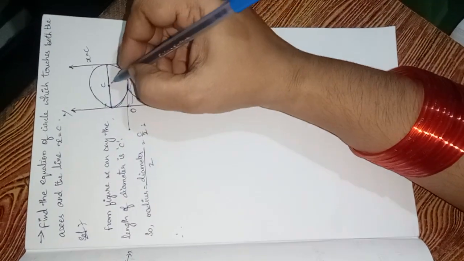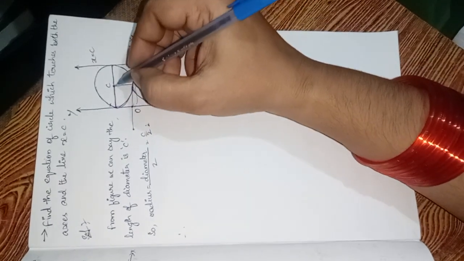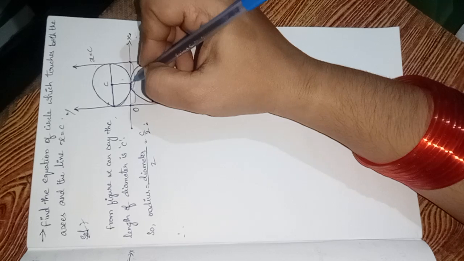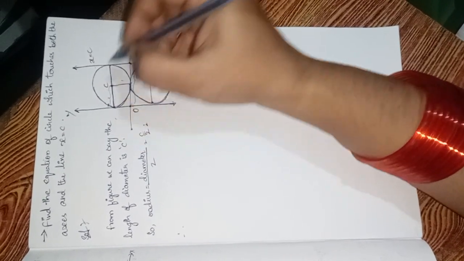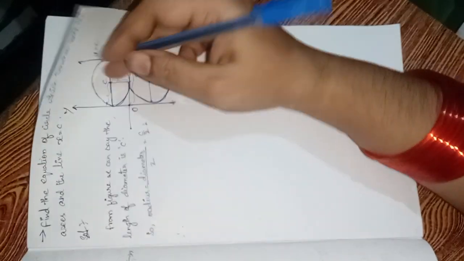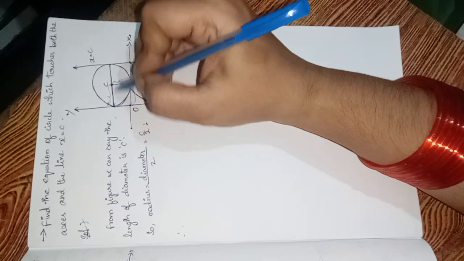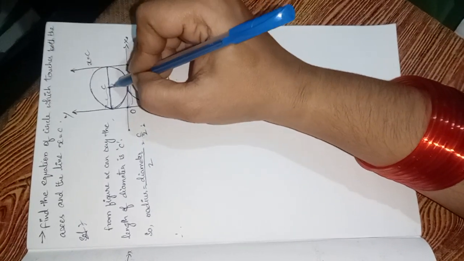Therefore, if I draw a line like this from the center to the other point on the circle, from this distance and this distance we can say the coordinates of the center.